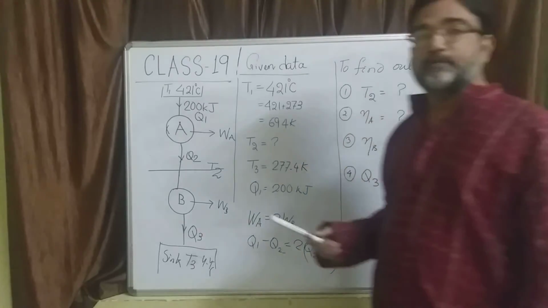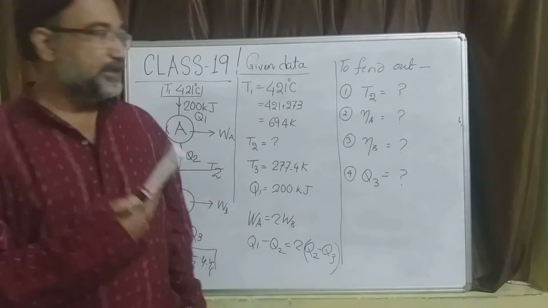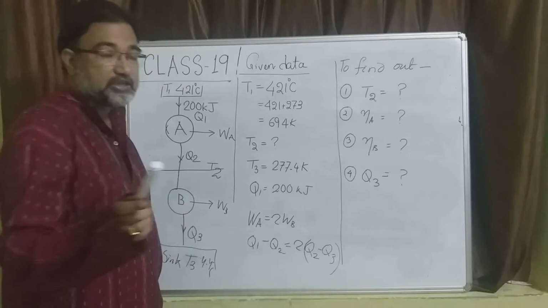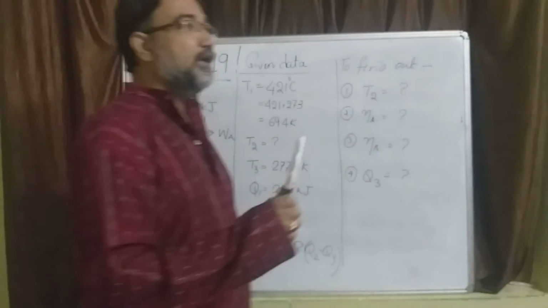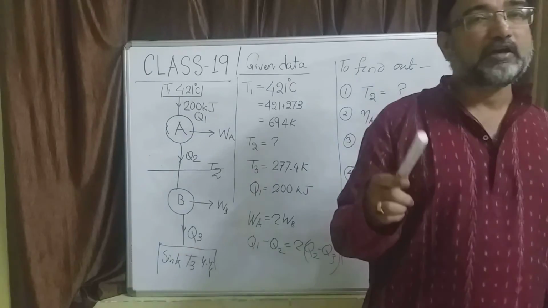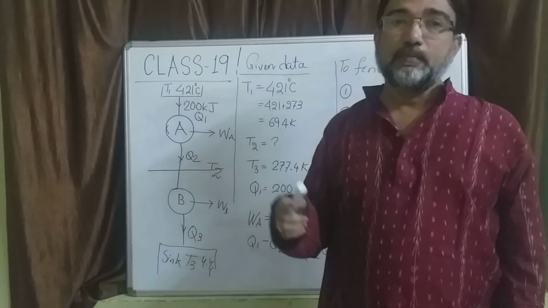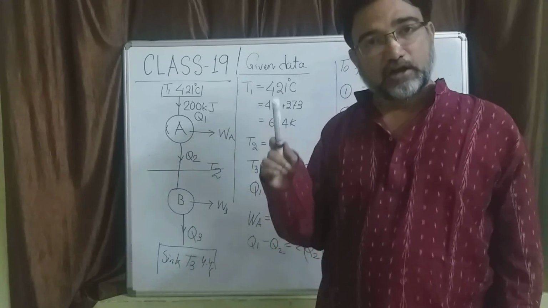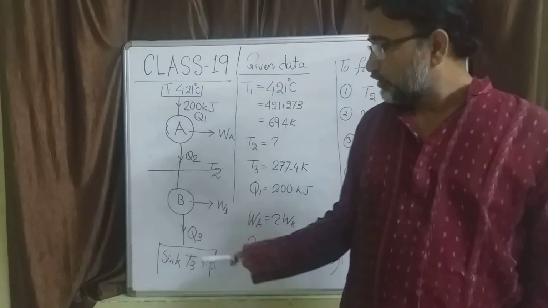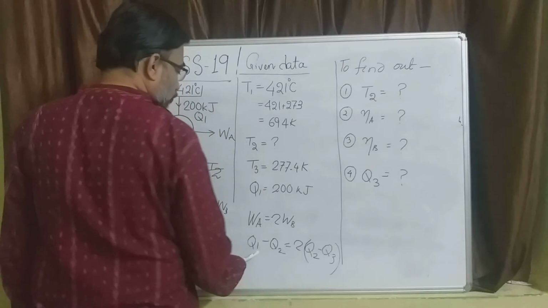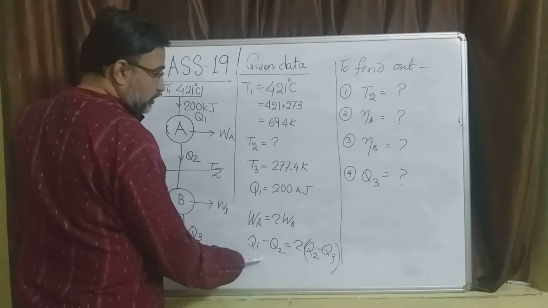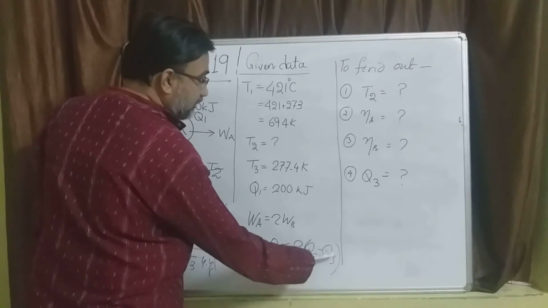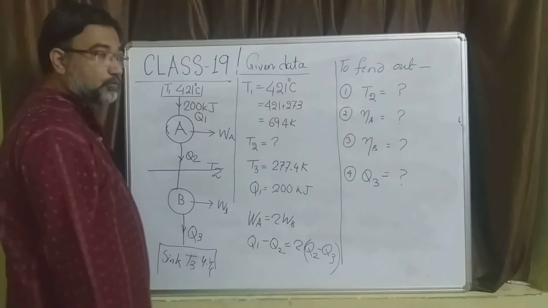Since these are two reversible engines, in place of Q1 by Q2 you can write T1 by T2, because efficiency of an engine, 1 minus Q2 by Q1, can be written as 1 minus T2 by T1 only and only for a Carnot engine. So these are all Carnot engines. So there you can write T1 by T2 minus 1 is equal to 2 minus T3 by T2.